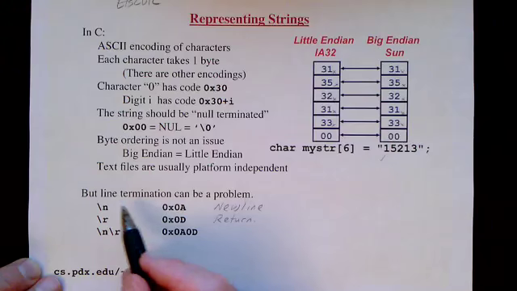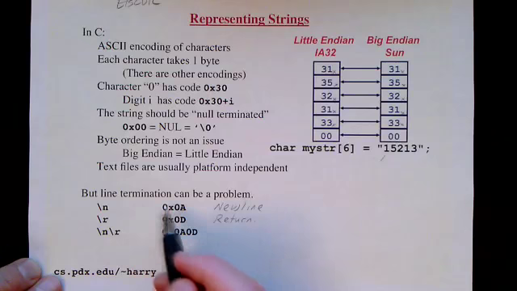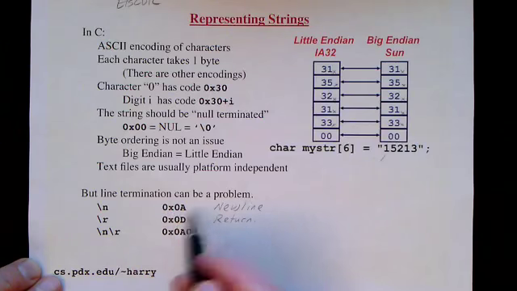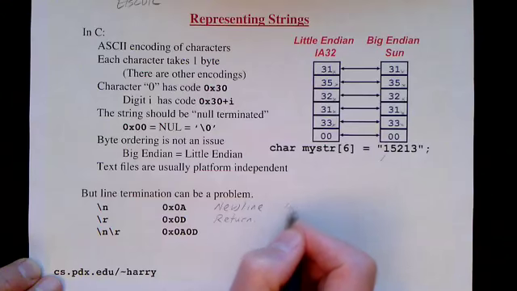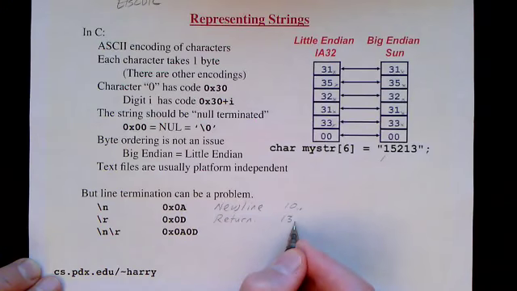In Unix, the standard was always to use the new line character. In hex, it's 0A. In decimal, it's 10. I'll write a little subscript 10 to mean decimal. Whereas the return character is hex 0D. In decimal, that's the number 13.